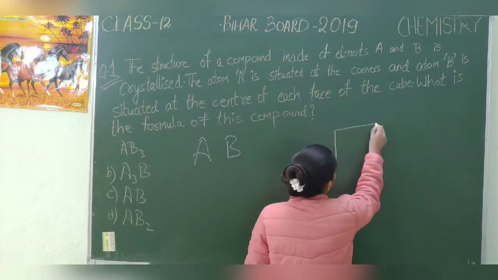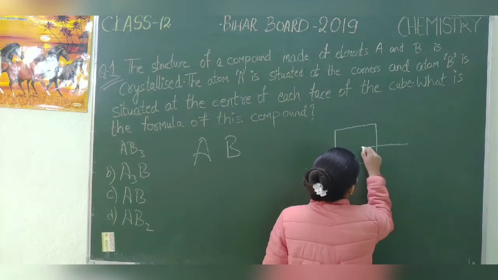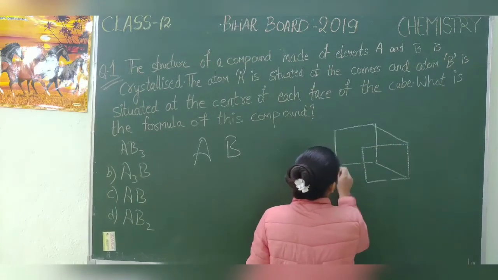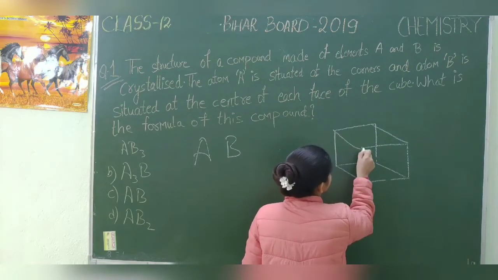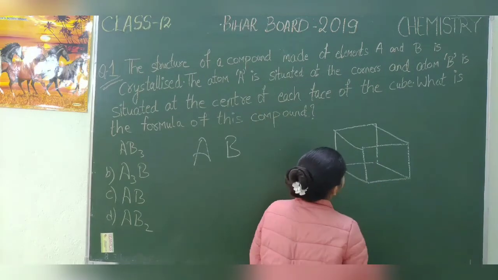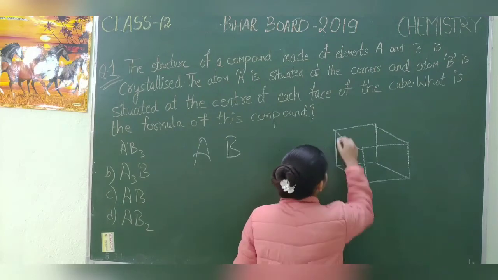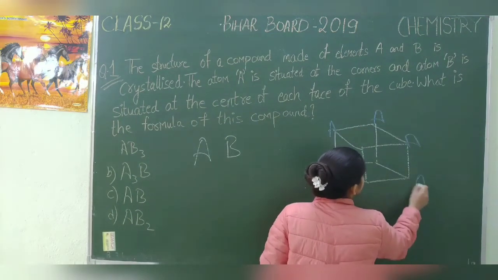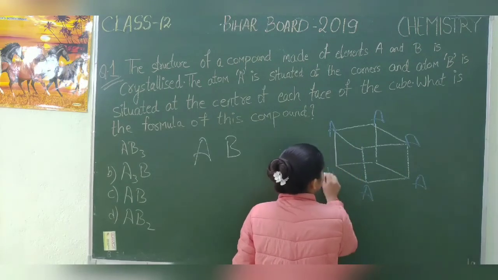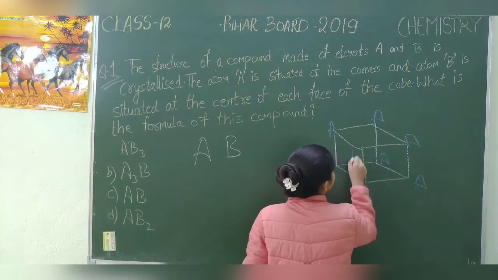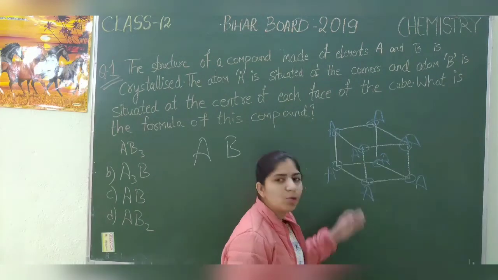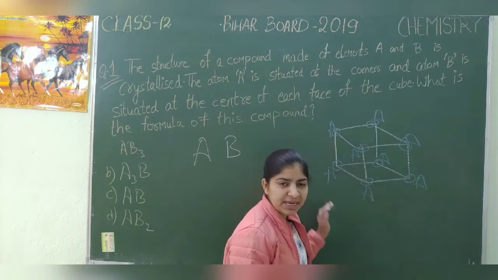So there is one cube in which atom A is present at the corners. So 1, 2, 3, 4, 5, 6, 7 and 8. There are a total of 8 corners, and one atom is surrounded by the 8 cubes.